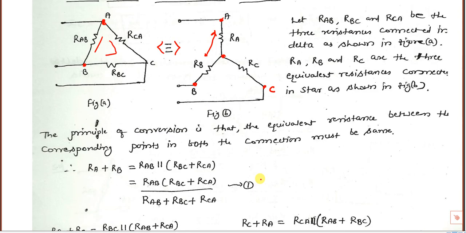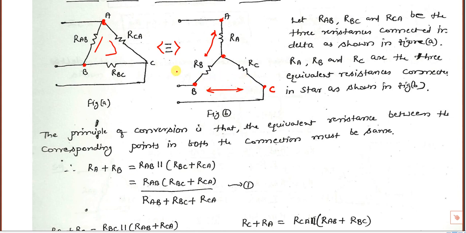Similarly, the equivalent resistance between B and C in delta is RBC parallel with RAB plus RCA, because RBC is the only one resistance between B and C, and the other two resistances come through this path. In star, between B and C we have RB plus RC.